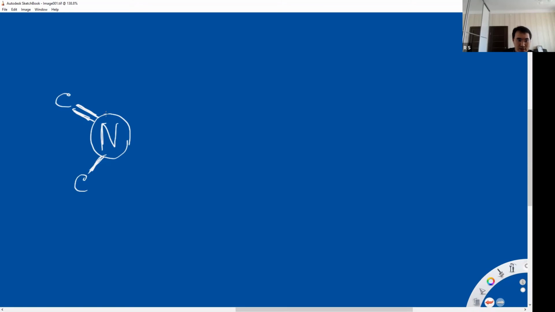And since it's a very electronegative atom, it kind of tries to pull the orbital or electron cloud to itself from both sides. So electronegativity is with a minus sign.